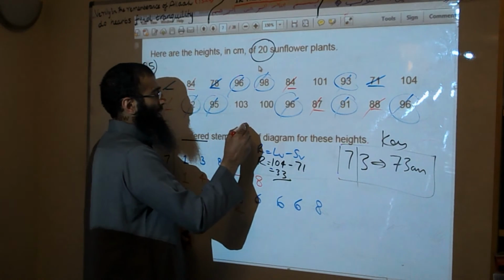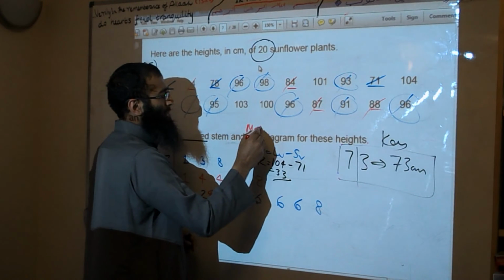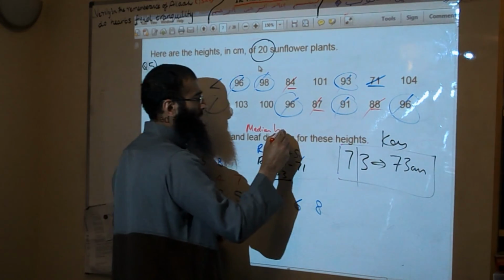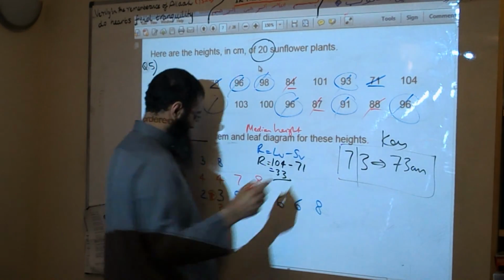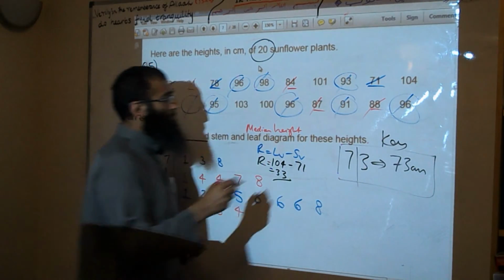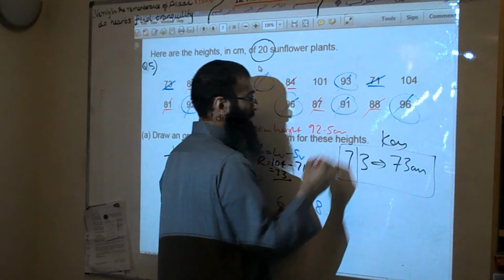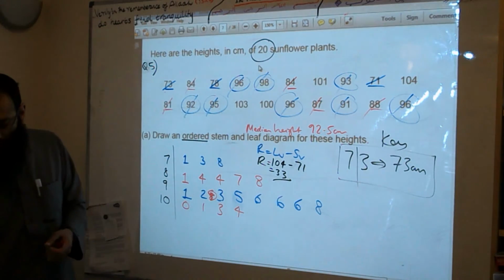So we can say that is our median. Okay, the median height is 92.5 centimeters. Okay, are we happy with that question, folks? All that?